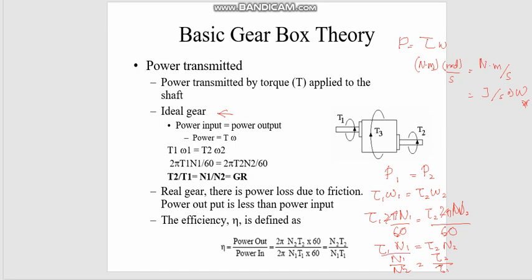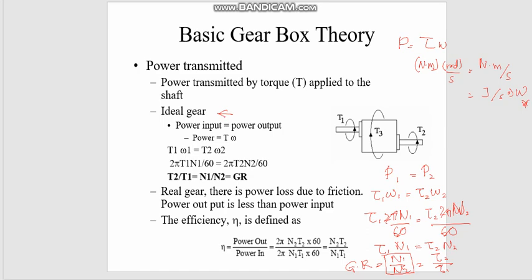So this term is equal to the gear ratio. So I can define gear ratio as n1 over n2 or torque 2 over torque 1, right? So I have another way of defining gear ratio now, based on the ideal gear situation where the efficiency is 100%: n1 over n2, or torque at 2 over torque at 1, right?